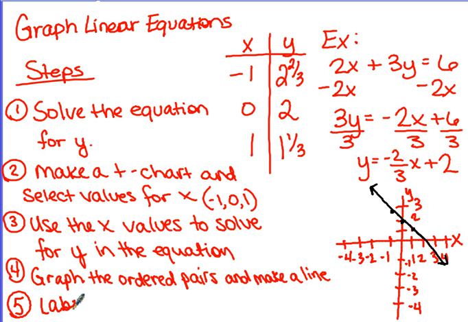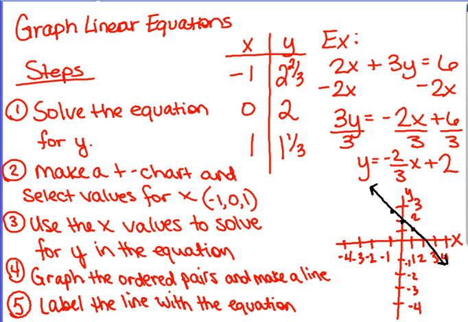And we're going to label the line with the equation. Okay, so we are going to label our line here. This is line y equals negative 2/3 x plus 2. All right, and that is graphing linear equations.